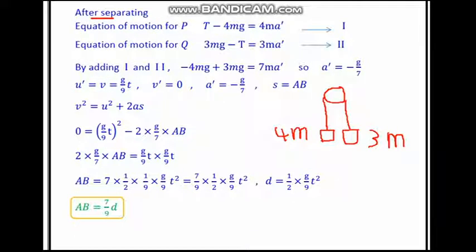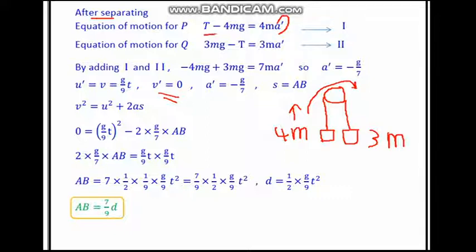After separating, the system still moves in this direction for a while and comes to rest. So v will be 0, then it reverses its motion. So we write the equation for the two bodies. Still the motion for 4m is upward, so the equation will be T minus its weight, which is 4mg, equals its mass times the new acceleration a dash.